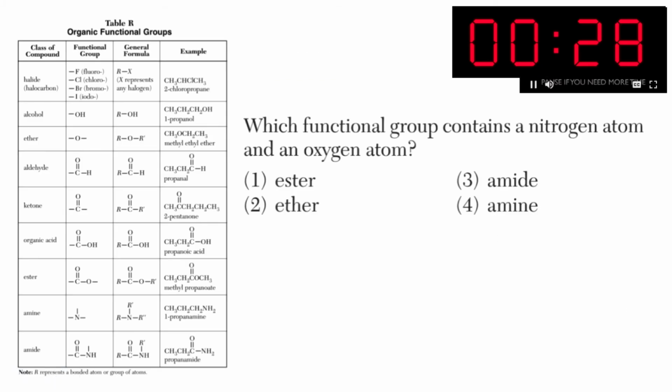Let's do a couple of practice questions. Using Table R, which functional group contains a nitrogen atom and an oxygen atom? Is it an ester, an ether, an amide, or an amine?